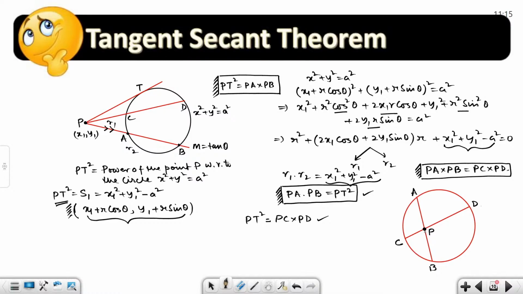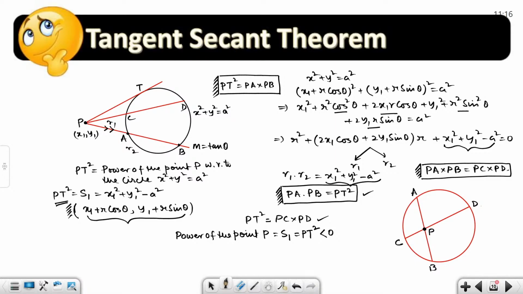When the point P is inside the circle, we know what is the power of the point P in that case. When the point P is inside the circle, the power of the point P, which is your S1, which is same as your PT square, this is less than 0. When the point is inside the circle, the power of the point is less than 0.